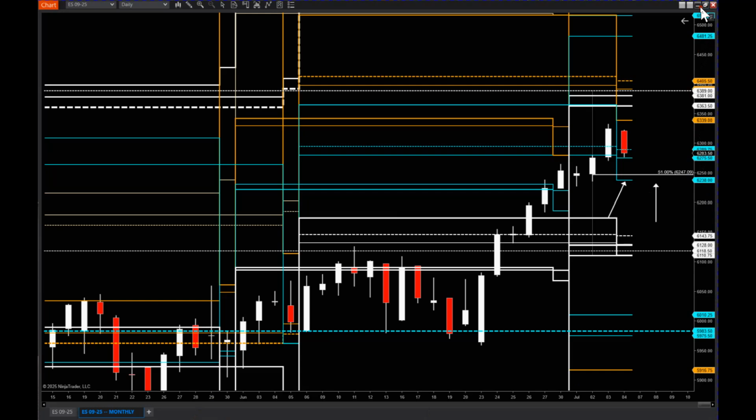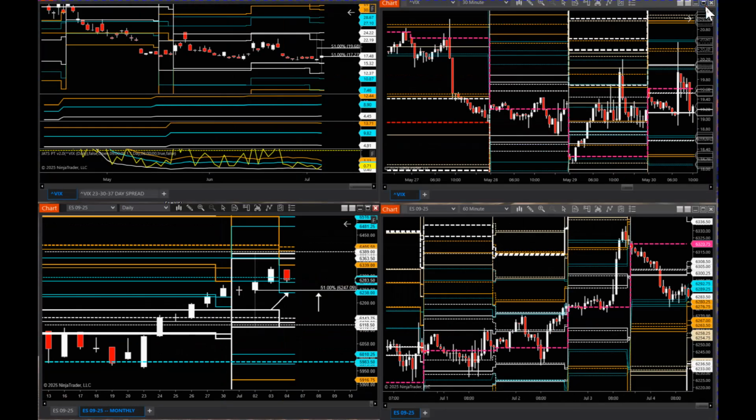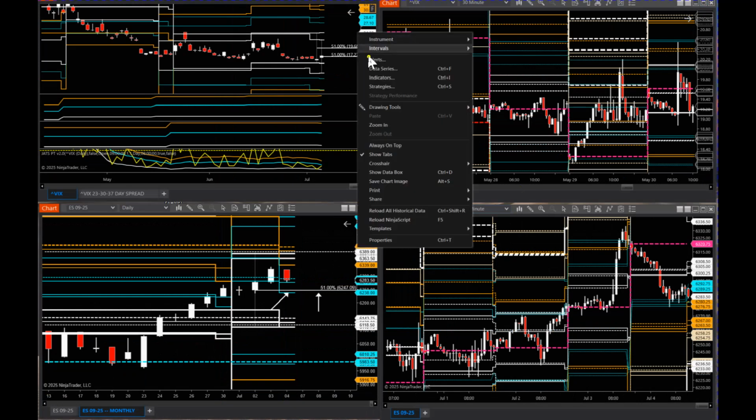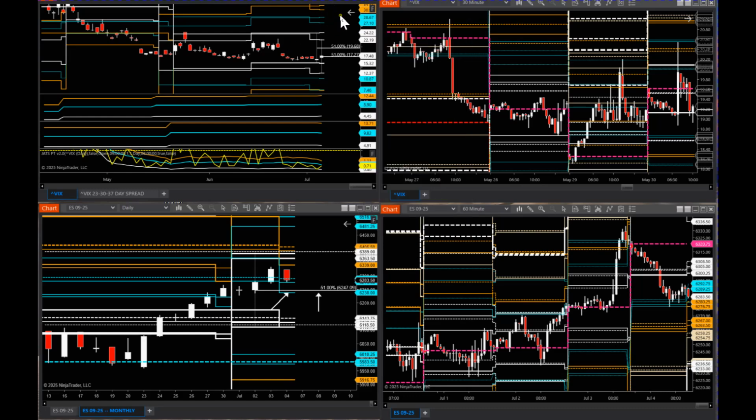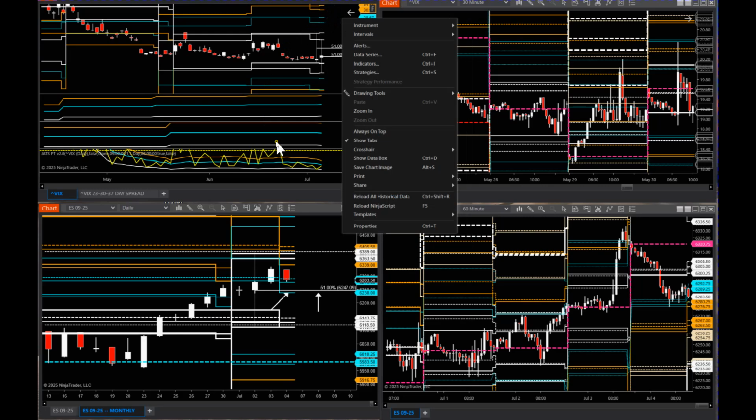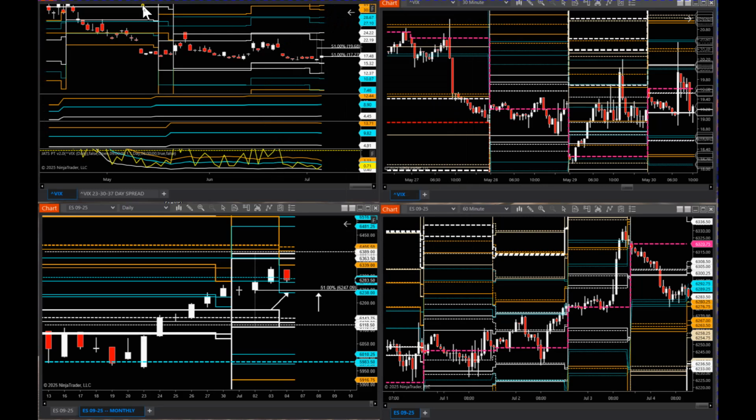So this is how you can use your term structure. And again, counting the number of days like I did for, let me open this up. Let me see if I can grab that.